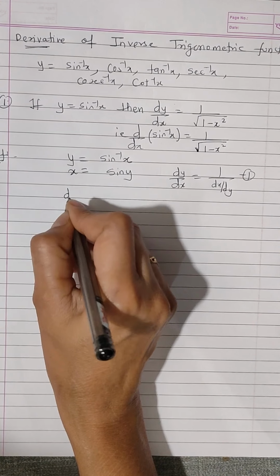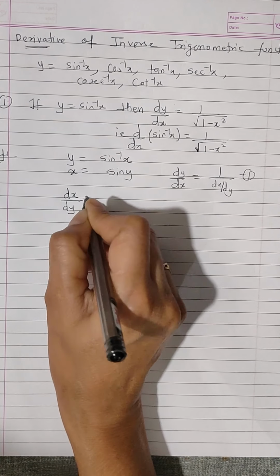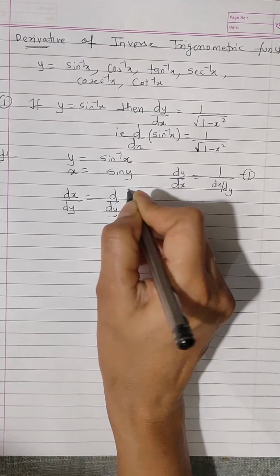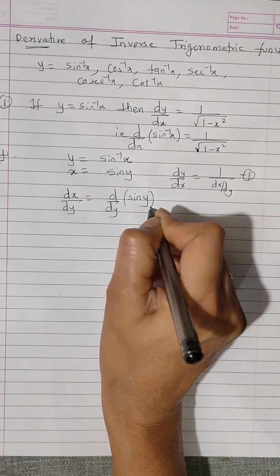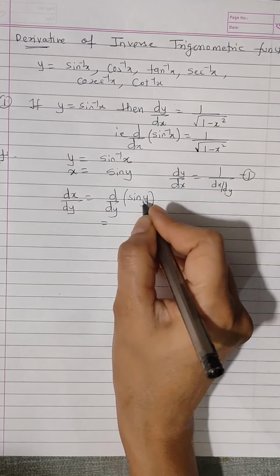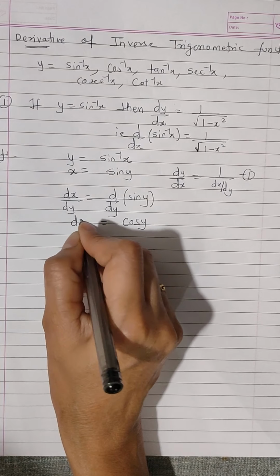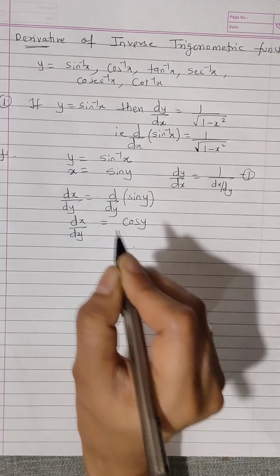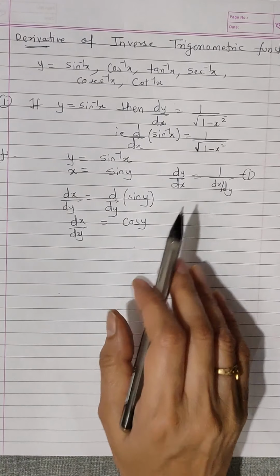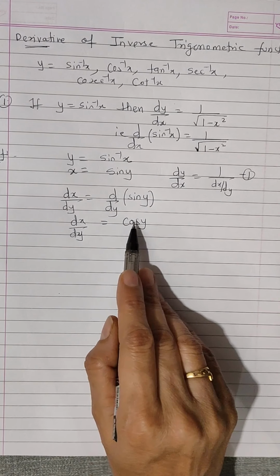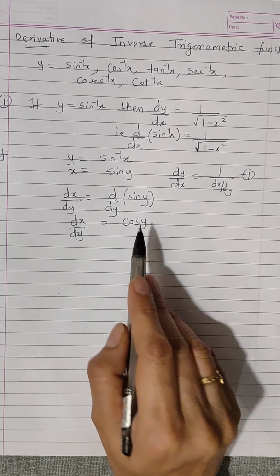So differentiation of x with respect to y will be d by dy of sin y, which is equal to, what is the derivative of sin y? It is cos y, and this is dx by dy. But in the answer we always want x, not y, so we have to convert this cos y.